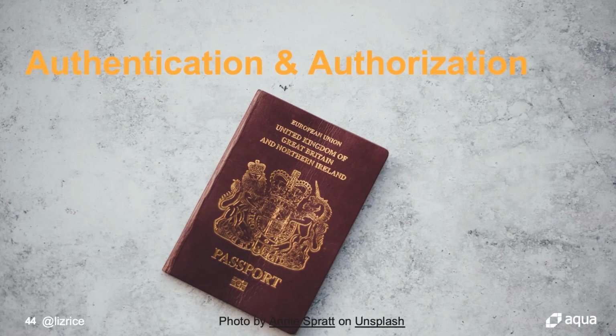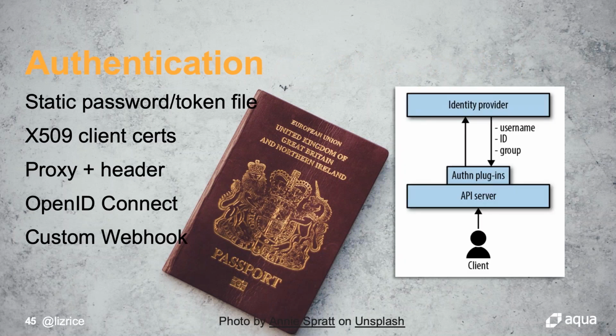So we've talked a little bit there about anonymous users, and that leads us neatly onto the question of authentication and authorization. So authentication is the step where you identify yourself as a user, or software identifies itself to the system. There isn't actually a first-class concept of user in Kubernetes.